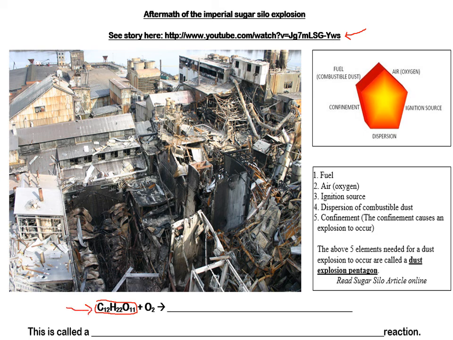There was a lot of sugar dust in the air, a spark went off, and because there was oxygen present and the sugar dust was nice and spread out, there was an explosion in one area, and then that explosion fed other areas where there was sugar spread out, and eventually the whole sugar silo crumbled, and there were many deaths as a result of that.